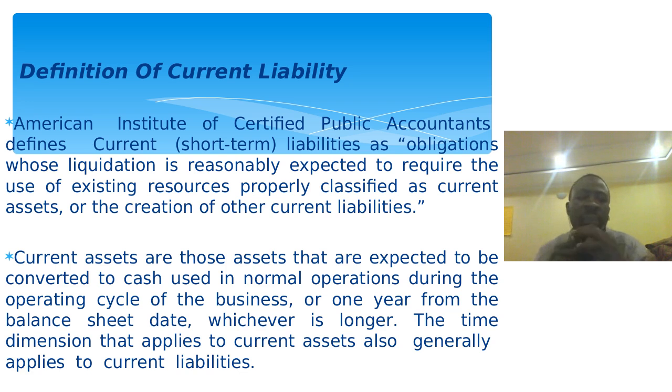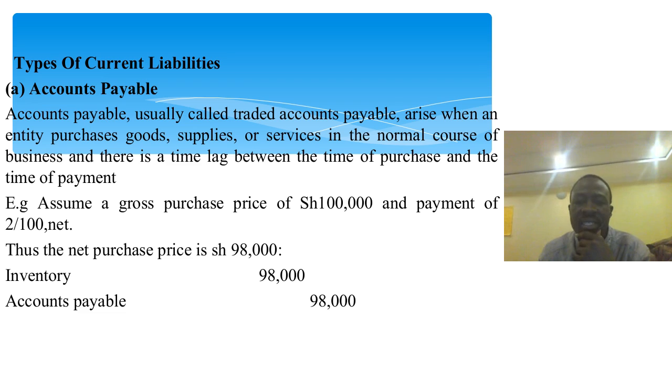In short, they are liabilities that are expected to be paid over a short period of time, maybe short-term loans, and the short period of time may be not more than 60 days.